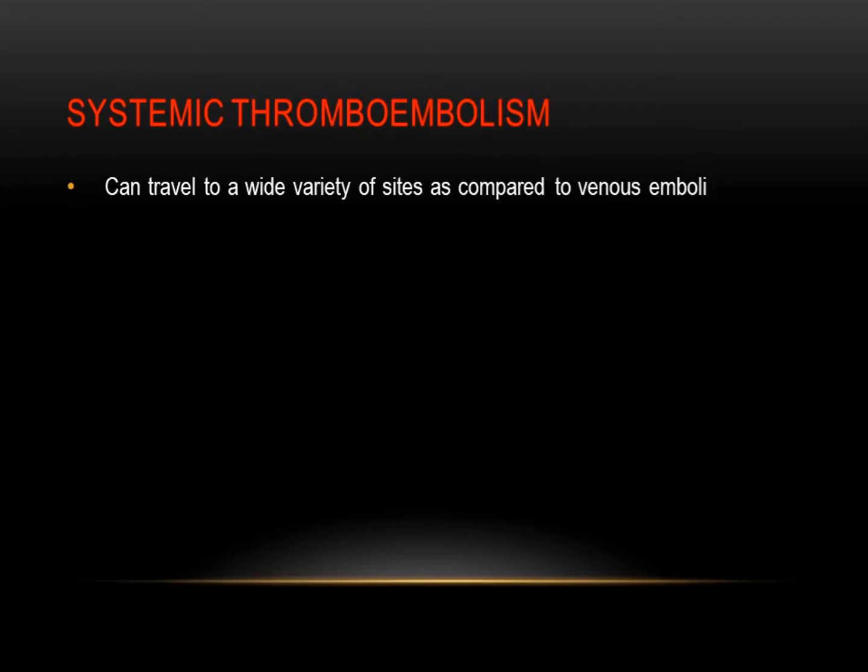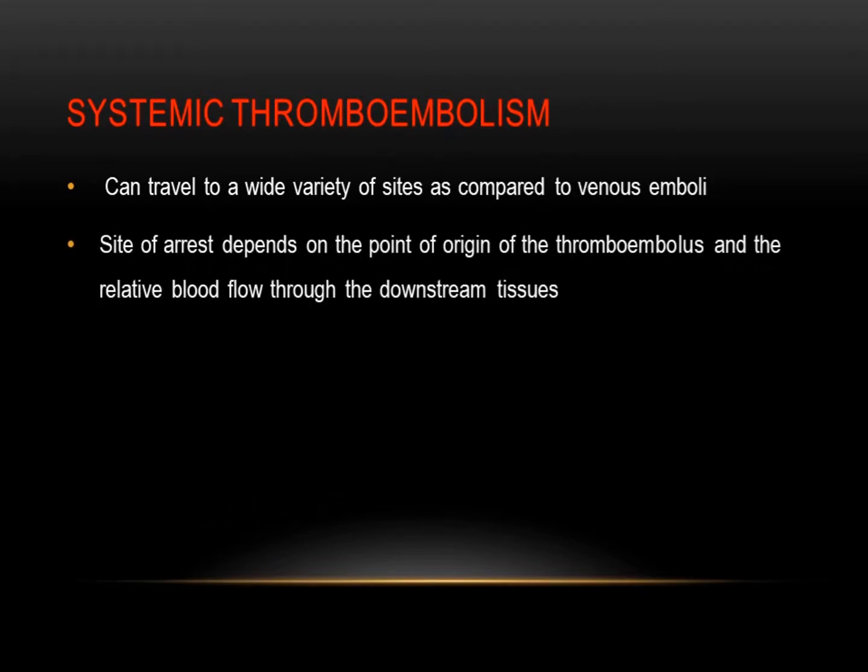Systemic thromboemboli can travel to a wide variety of sites as compared to venous emboli. In other words, they can travel virtually anywhere. Their final resting place depends on their point of origin and the relative flow rates of blood to their downstream tissue. Common arterial embolization sites include the lower extremities, 75%, and the central nervous system, brain, 10%.